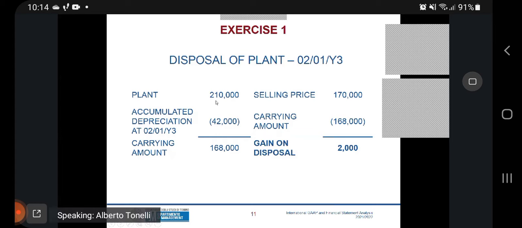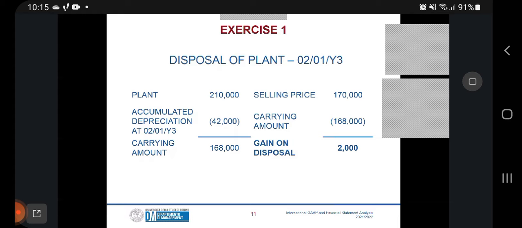And moreover, the accumulated depreciation at the 2nd January year 3 is equal to the accumulated depreciation at the 31st December year 2 that you computed before, and so it's equal to 42,000. Well, the net carrying amount will be the difference between the historical cost and the accumulated depreciation, namely 168.